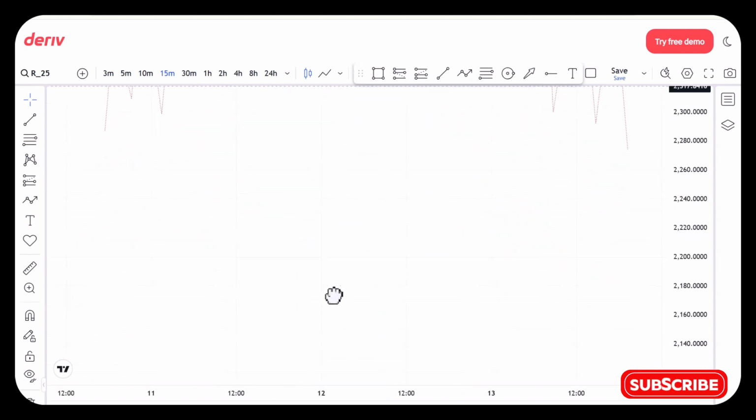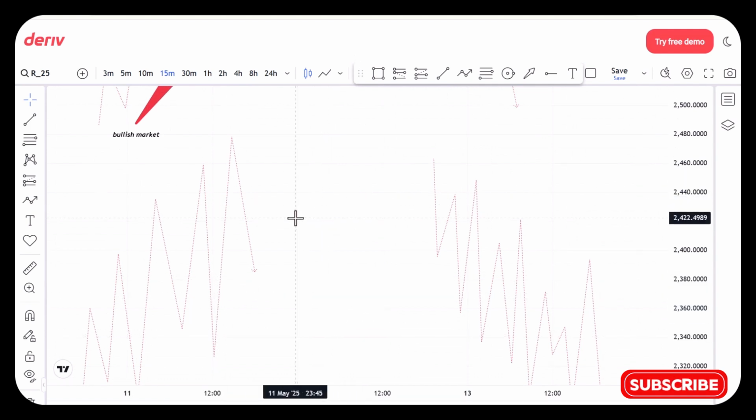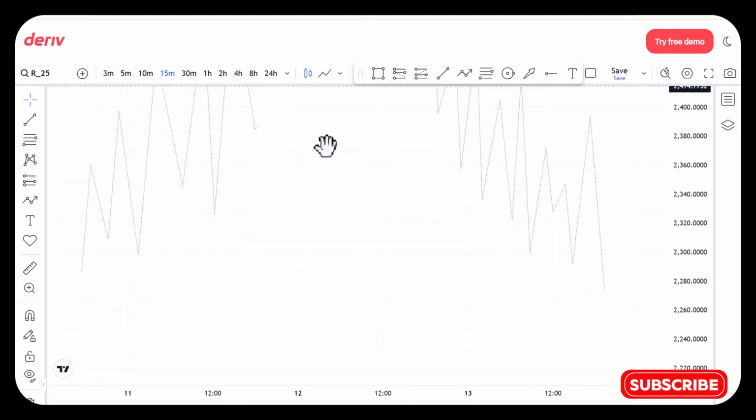So for us to understand this complex market or advanced market structure properly, I want to look at some concepts to help us have better understanding. And what is this concept? I want to look at the concept of swing structure.